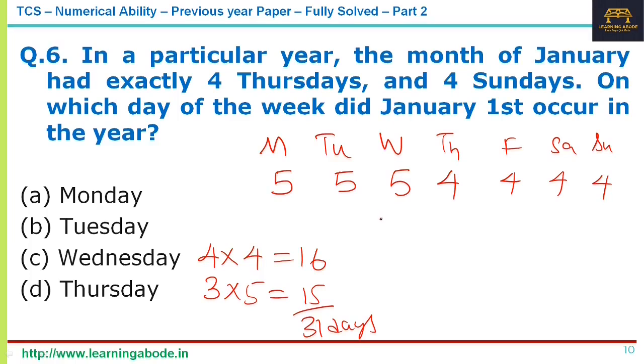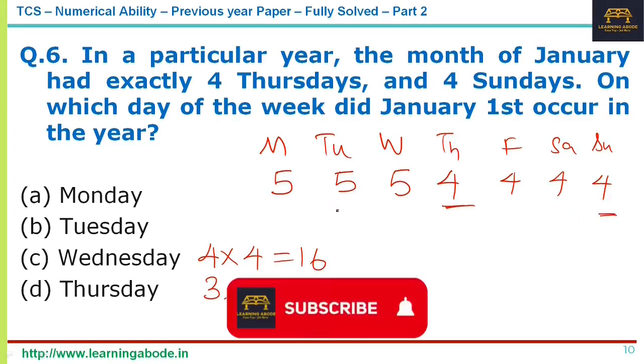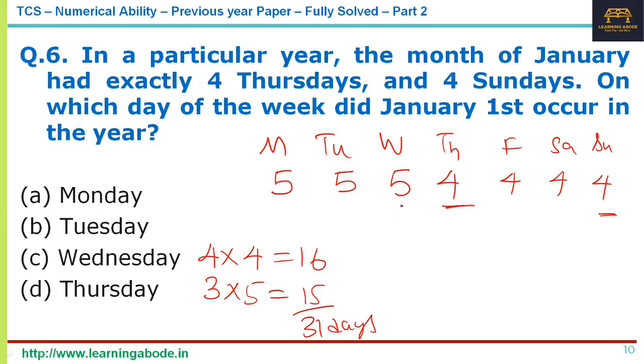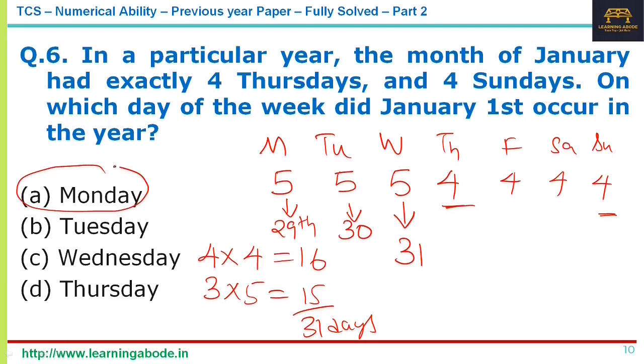So Monday, Tuesday, Wednesday will have 5, because the question says there are 4 Thursdays and 4 Sundays, the only possibility is that Monday, Tuesday, Wednesday will have 5 days, right? Now, from which we can understand that Wednesday will be 31st. Okay, Wednesday would be 31st, right? And so Tuesday would be 30 and Monday would be 29. Okay, 29th of January. Now, which means the answer is option A, Monday.